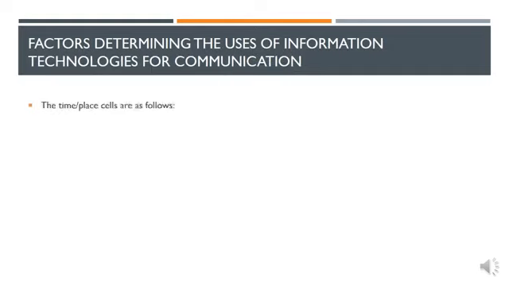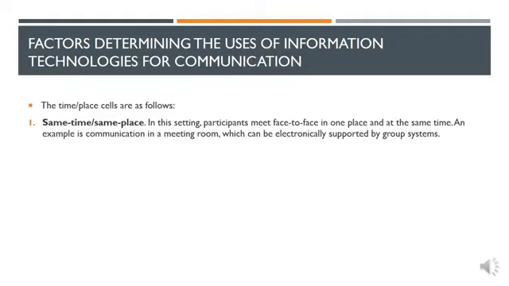The time-place cells are as follows. Number 1, same time, same place. In this setting, participants meet face-to-face in one place and at the same time. An example is communication in a meeting room, which can be electronically supported by group systems.